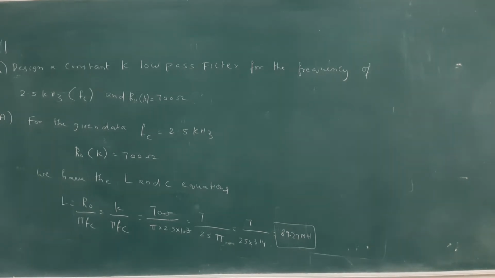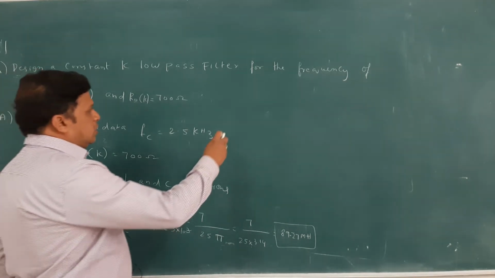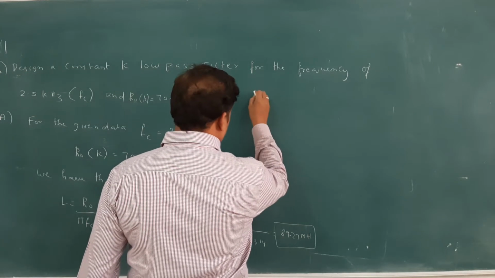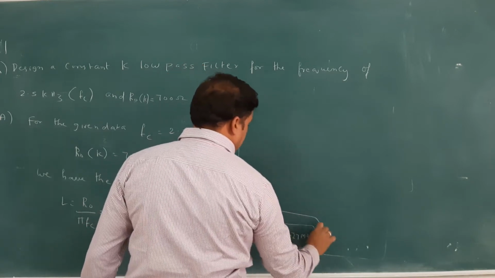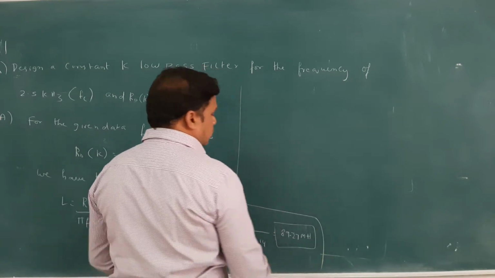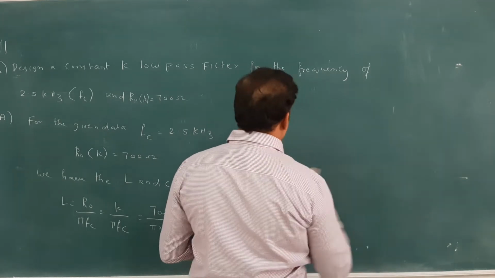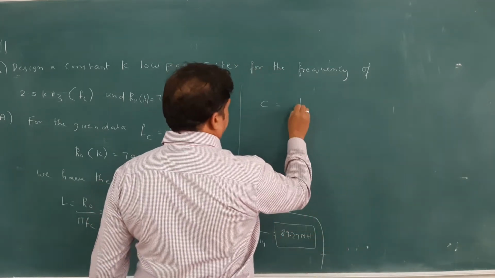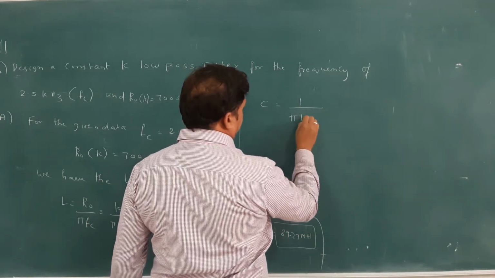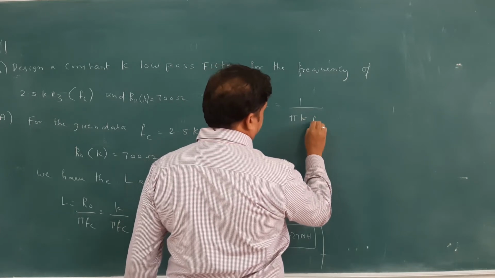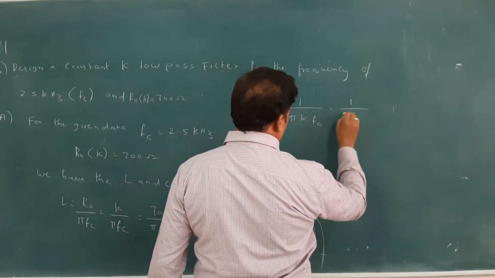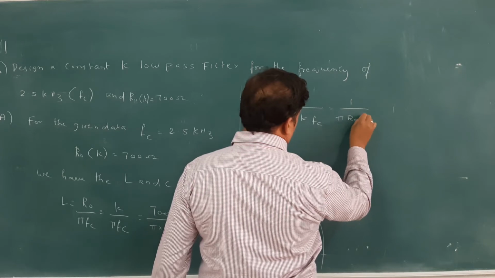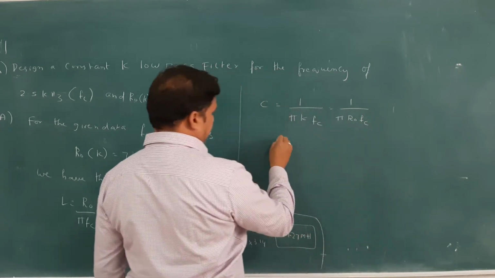So for the capacitance value, you have to write the capacitance formula. C is equal to 1 by pi K fc, or 1 by pi R0 fc. This is for the low pass filter.